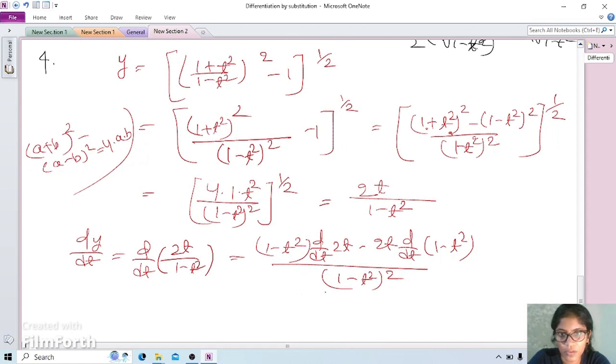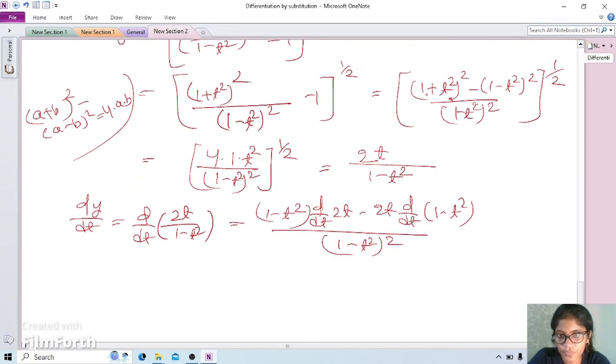Then tan inverse root a is a constant value, and the derivative of a constant is 0. So it equals 1 by 1 plus x into 1 by 2 root x.